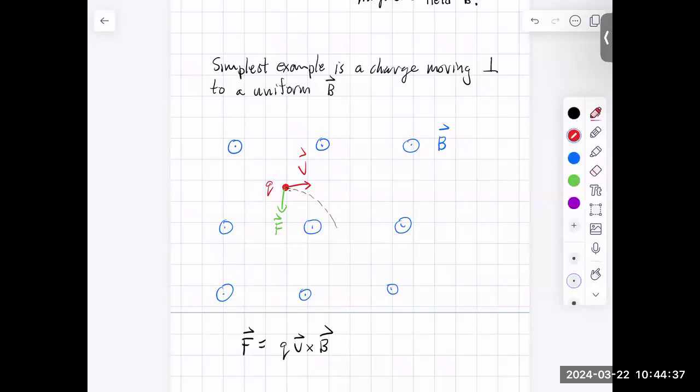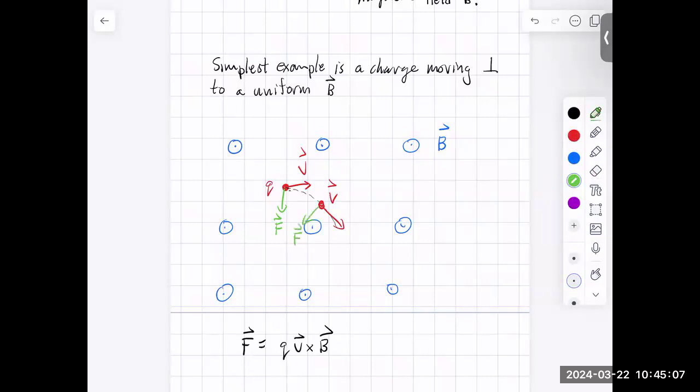let's do kind of an intermediate point here. So now at this moment, the velocity is in that direction. So which direction is the force? Well, the right-hand rule says B is still out of the page, and now my thumb kind of points something like this. So the force is doing something like this.